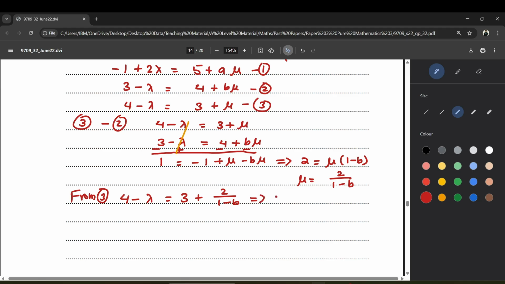Here what we have done is made lambda the subject of the formula. Lambda equals 4 minus 3 minus 2 over (1 minus b), and therefore we can say that lambda is equal to 1 minus 2 over (1 minus b).